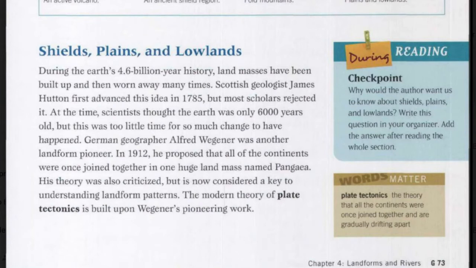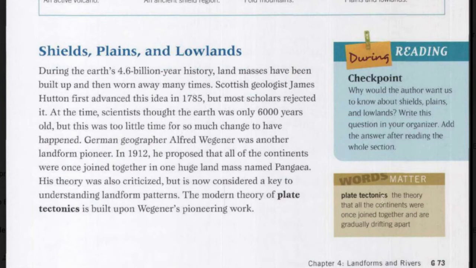German geographer Alfred Wegener was another landform pioneer. In 1912, he proposed that all of the continents were once joined together in one huge landmass named Pangaea. His theory was also criticized, but is now considered a key to understanding landform patterns. The modern theory of plate tectonics is built upon Wegener's pioneering work.